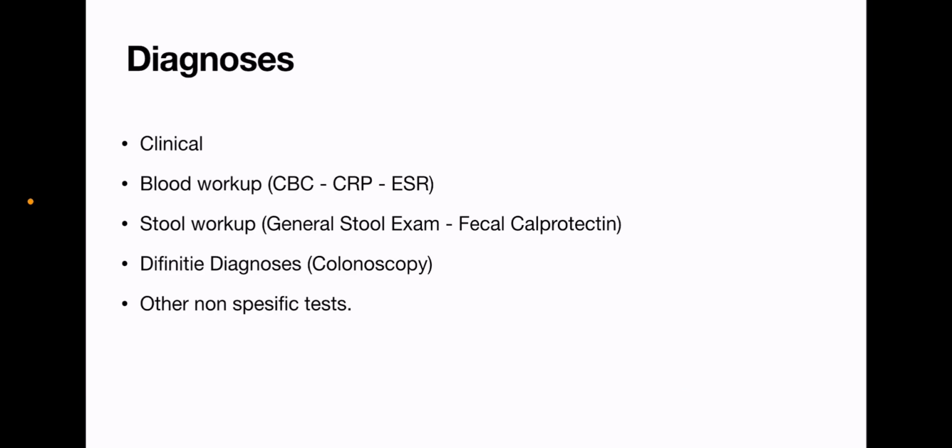So basically, we do general stool for the diarrhea, maybe we have something else. And fecal calprotectin is the most specific for inflammatory diseases. And the definite diagnosis is by colonoscopy. And we have other non-specific tests.